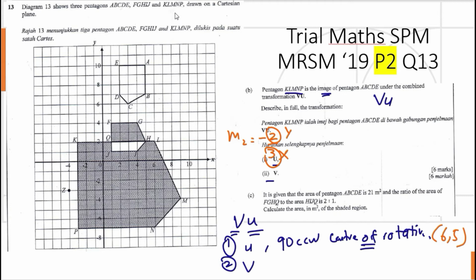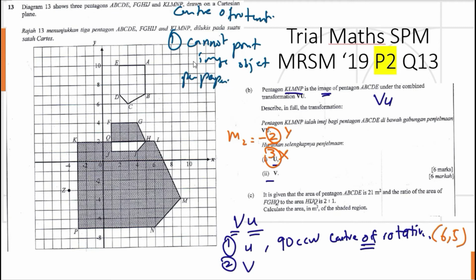So to get the center of rotation, you connect the point which is the image and object of each other and get the perpendicular line to it.